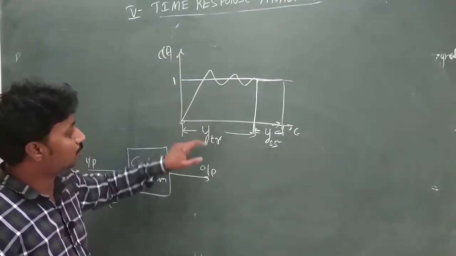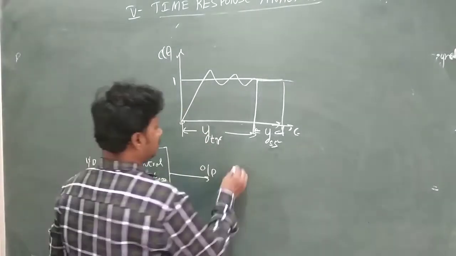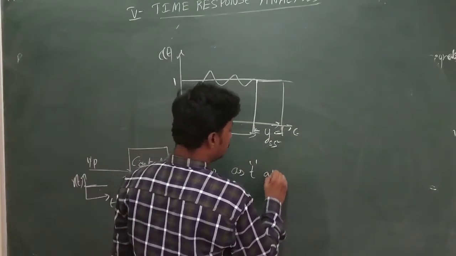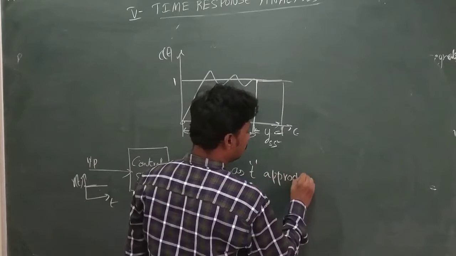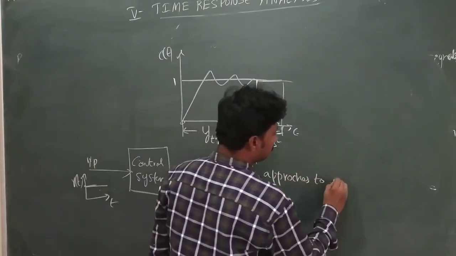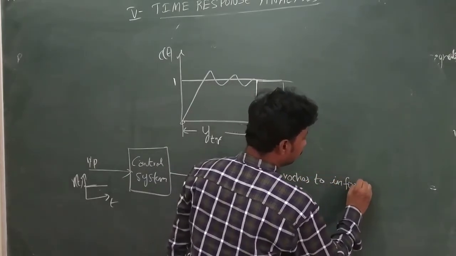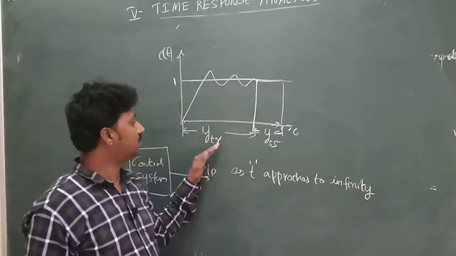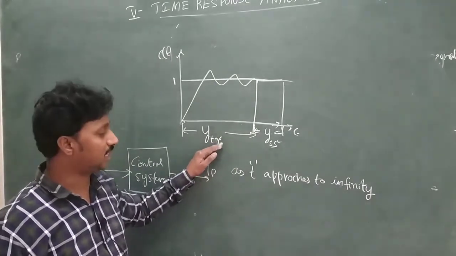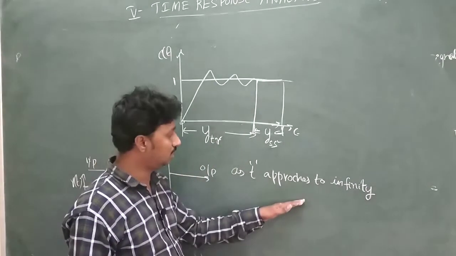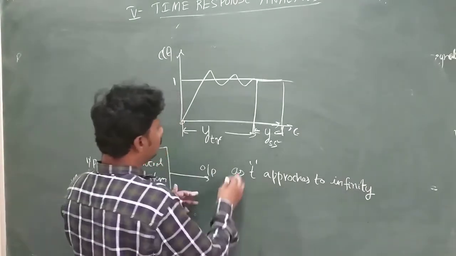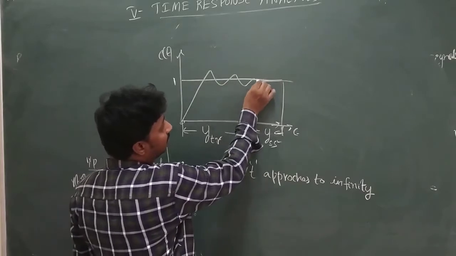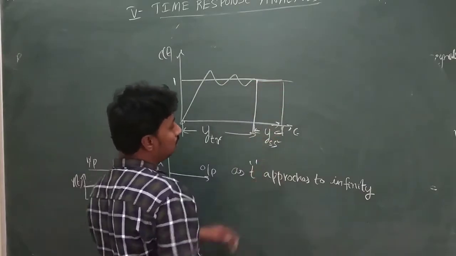You see, the transient response, as t approaches infinity, the transient will die out. So steady state means after the transient, it will be settled. That portion is called steady state response.